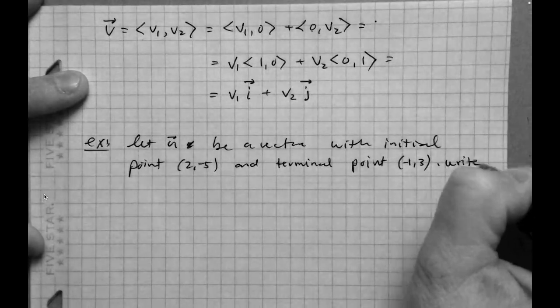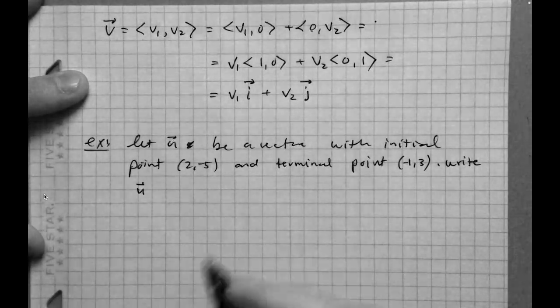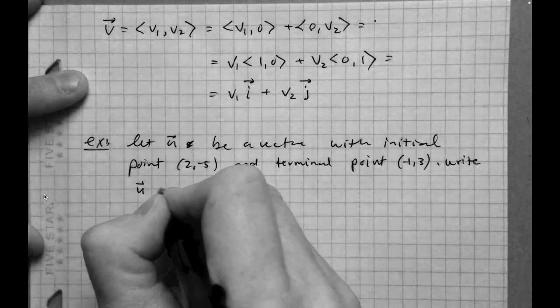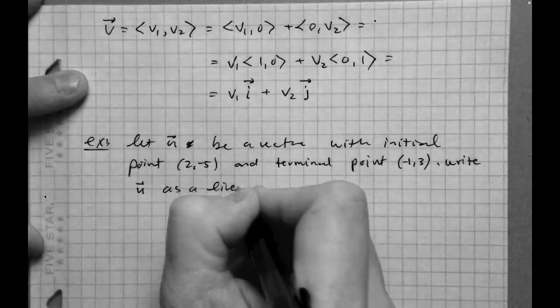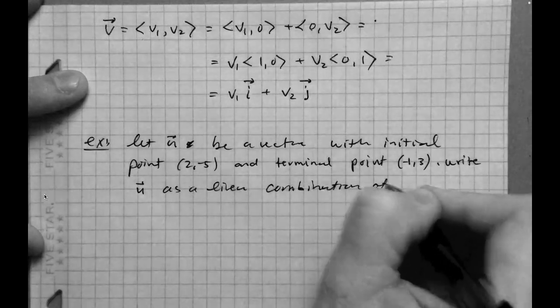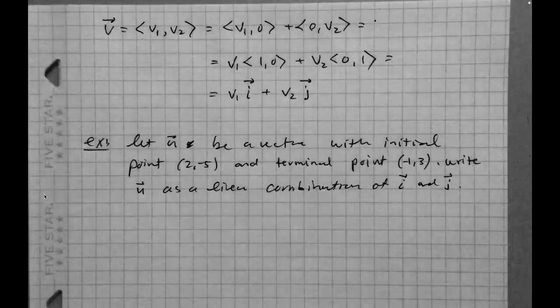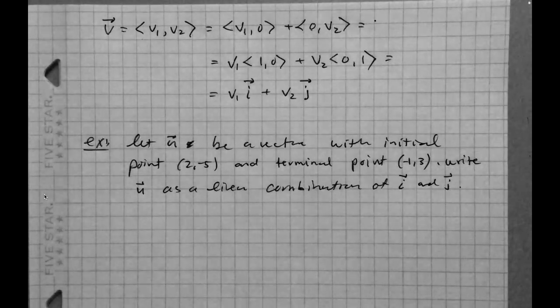Let's write u as a linear combination of i and j. Okay, so I'm going to write u as a linear combination of i and j.